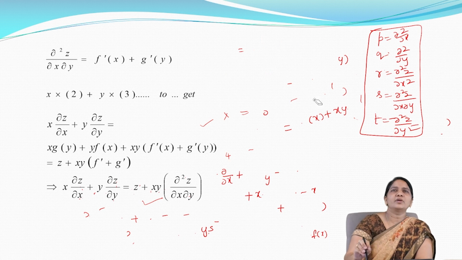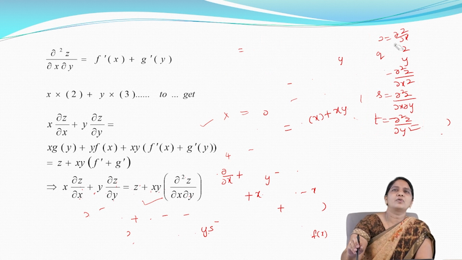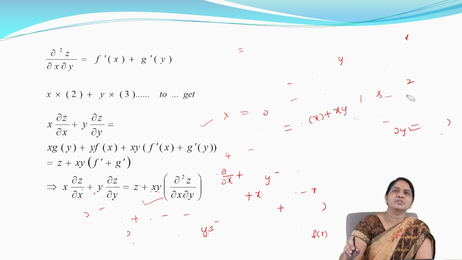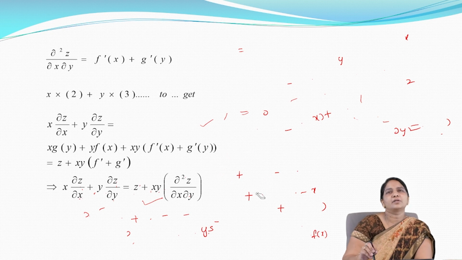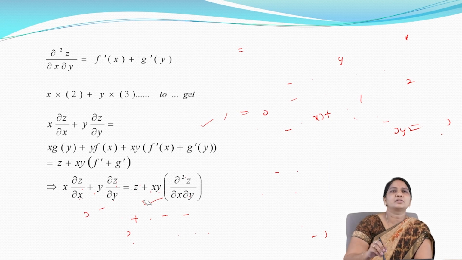This is the way to form a PDE by using the simplifications, partial differentiation and the notations of partial derivatives. We can use that notation to simplify the equation also.